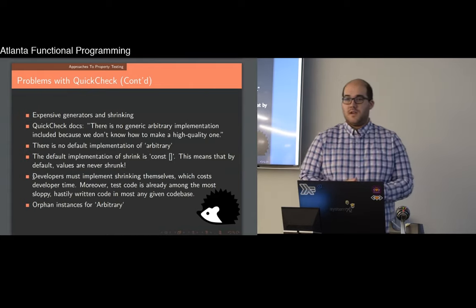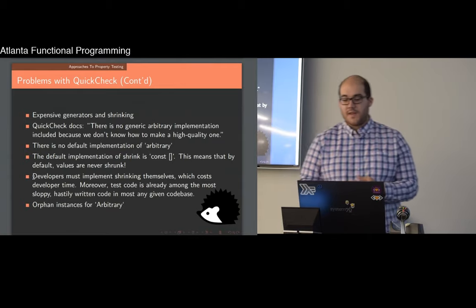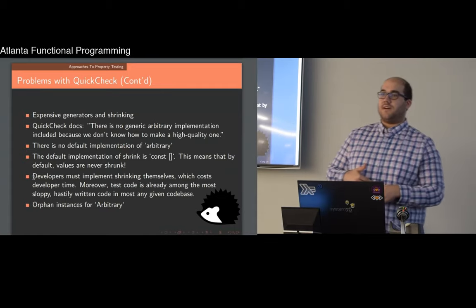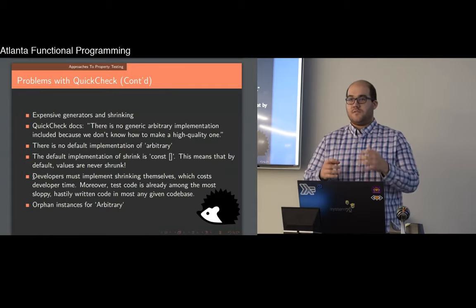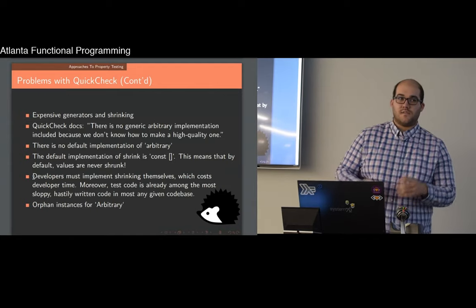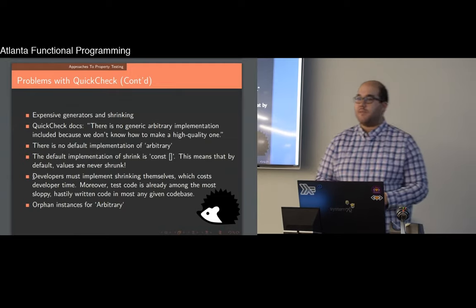Say I define an instance in a module, and you don't really know about it, and then you import that module, there's no way for you to control whether or not that instance affects your code, except by not importing that module at all.